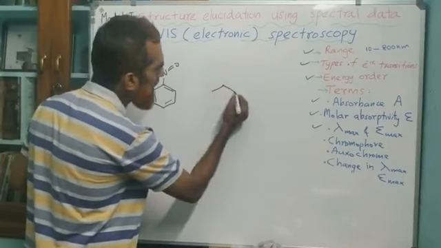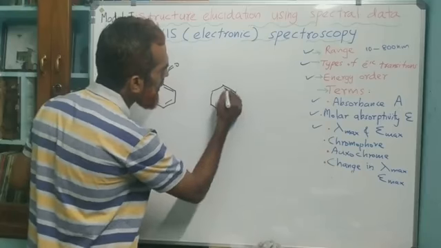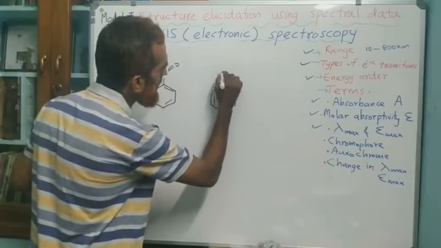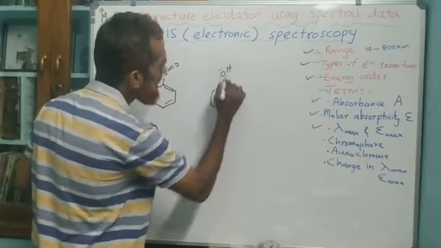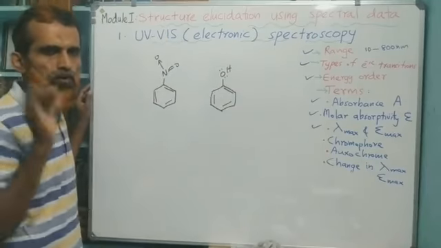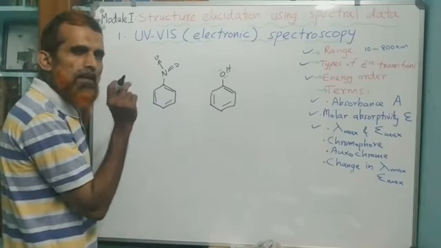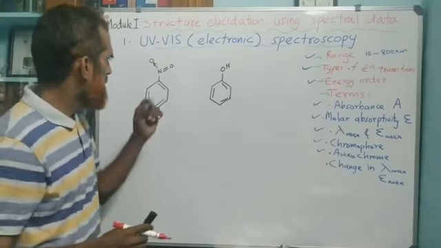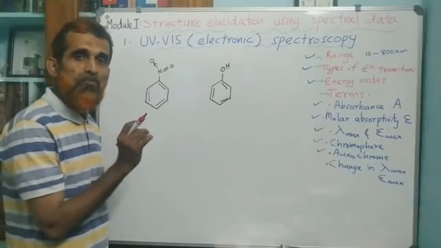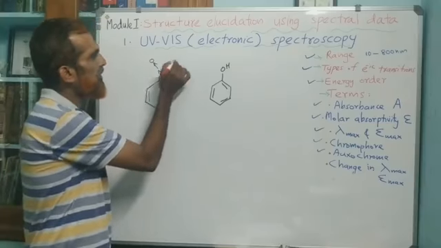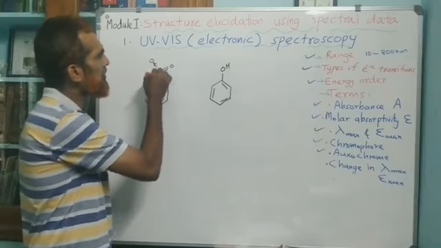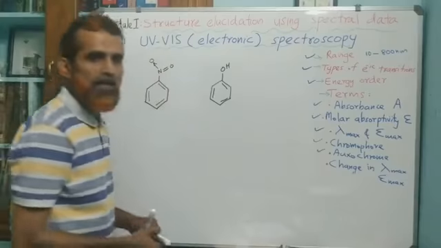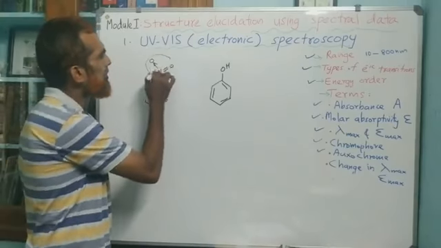But if you take phenol, that is OH here, this is colorless. Pure phenol is colorless, but this has a light yellow color. So here, the yellow color of nitrobenzene is mainly due to this NO2 group. It is mainly due to this nitro group.